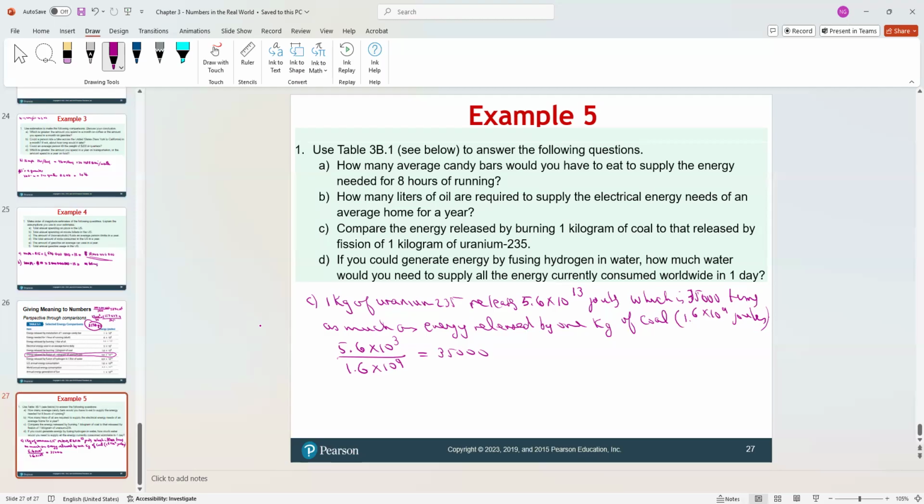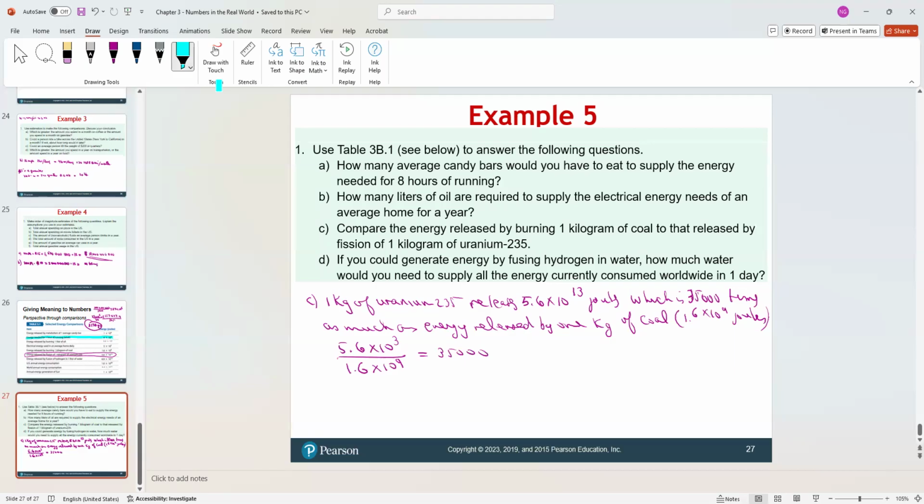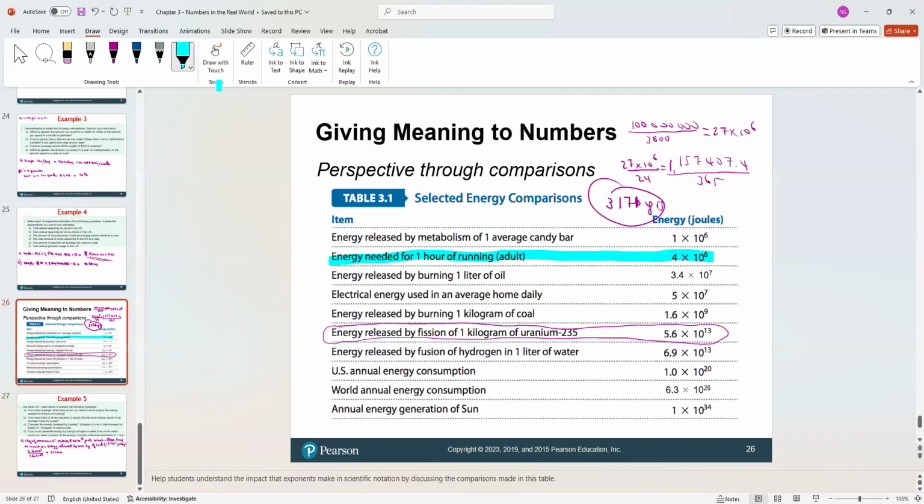In the table you need to see, the text said that 4 million joules are required for 1 hour of running, right? Because 4 million joules of energy for 1 hour is right there, 4 times 10 power 6. And average candy bars provide about 1 million joules of energy, right?